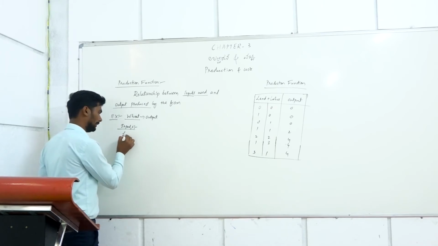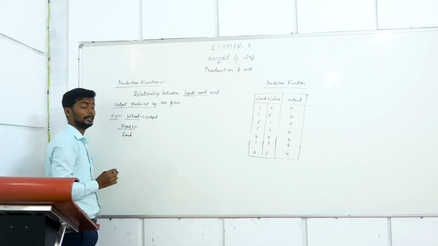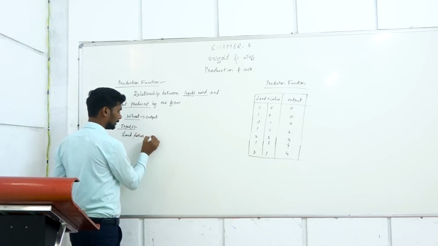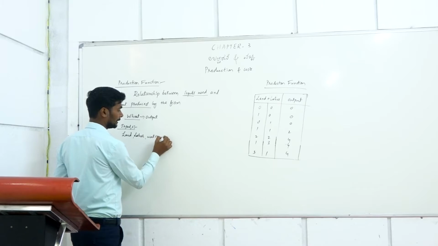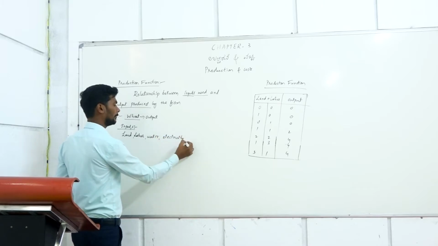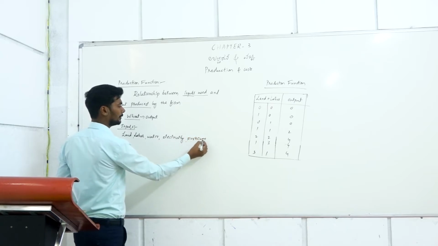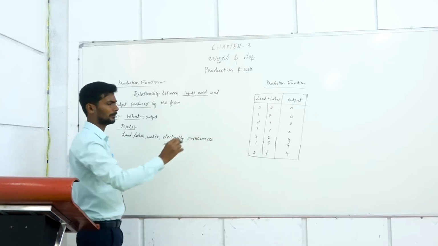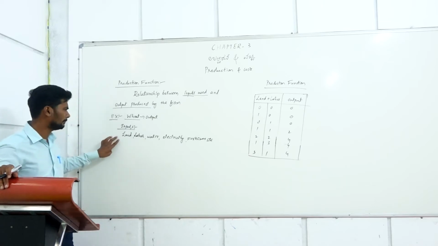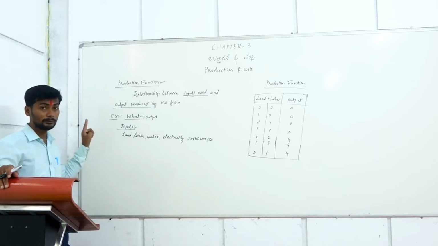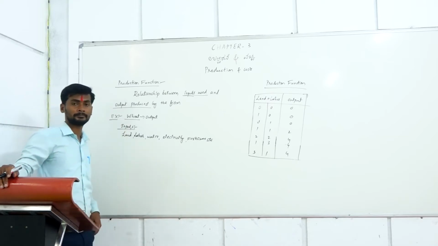First of all, we need land, that farmer needs land, labor, water, electricity, fertilizers. You can add some other inputs as well. These are the most important inputs used in the production of wheat.